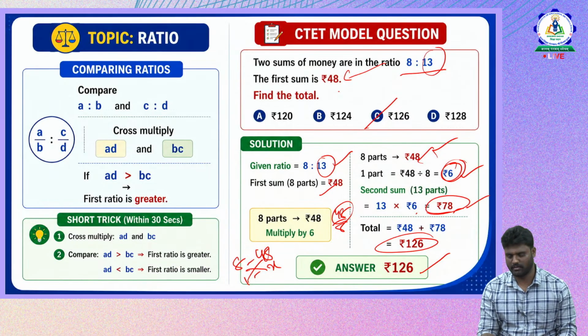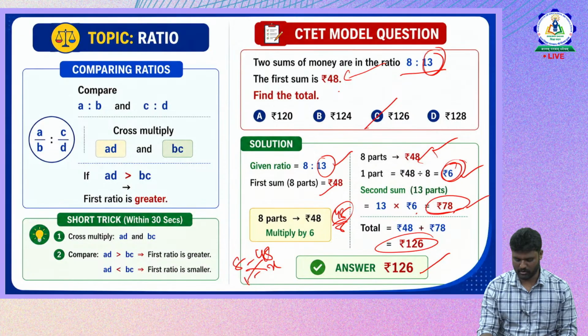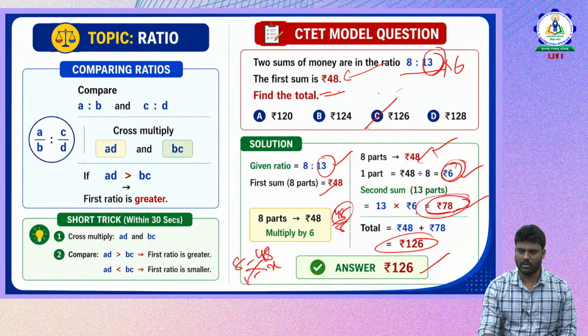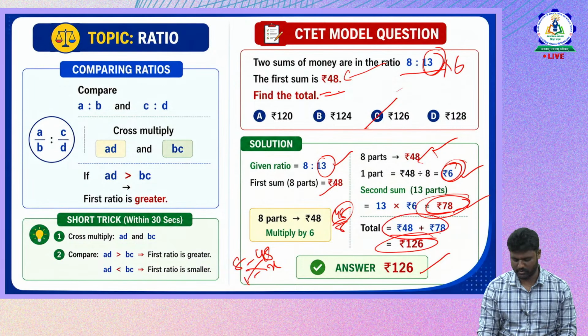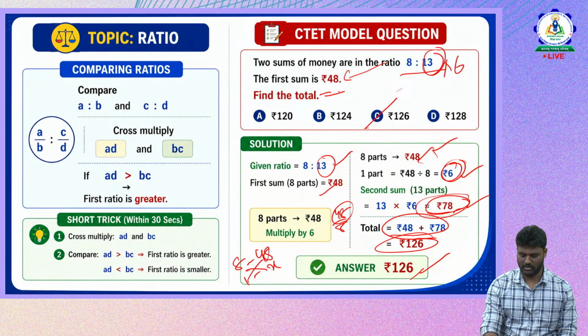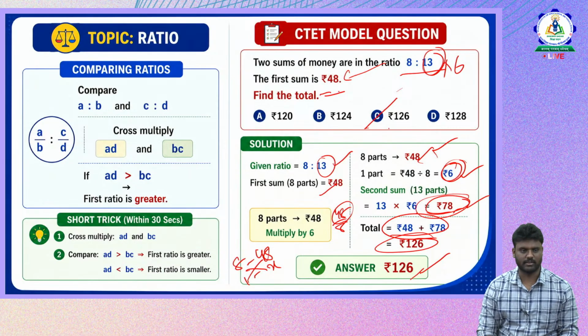The second sum has 13 parts, so to identify the cost of 13 parts, we multiply with each part, and we get 78. Now they're asking for the total, so part 1 and part 2 together. When we add, we'll get the answer. C is the correct answer for this.